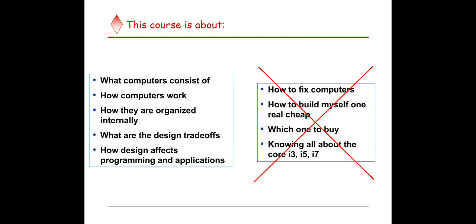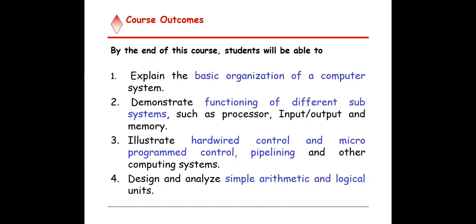Okay, what are the benefits you get if you have done this course? That's the last thing. You will be able to explain the basic computer organization, the organization of a computer system, and even demonstrate the functioning of different subsystems like the processor unit, input output unit, and memory unit.